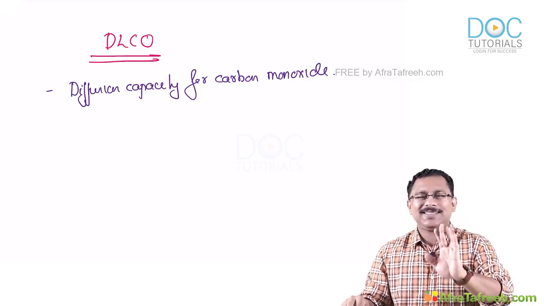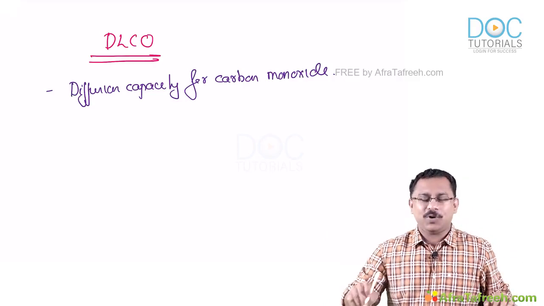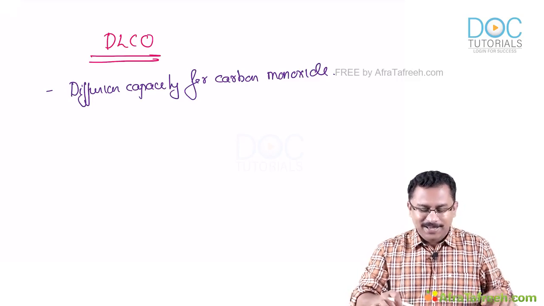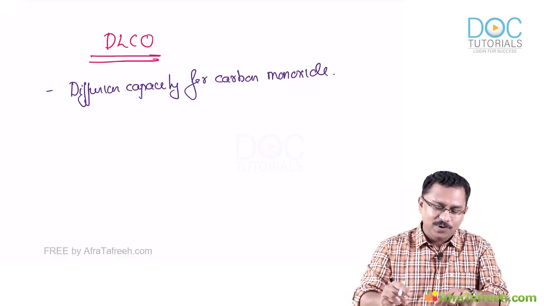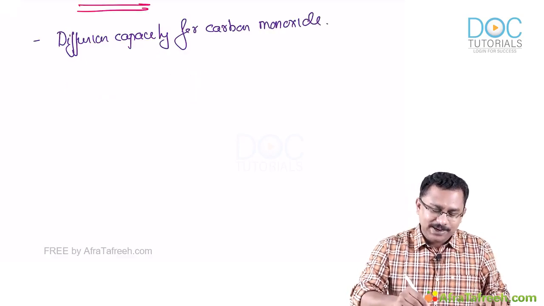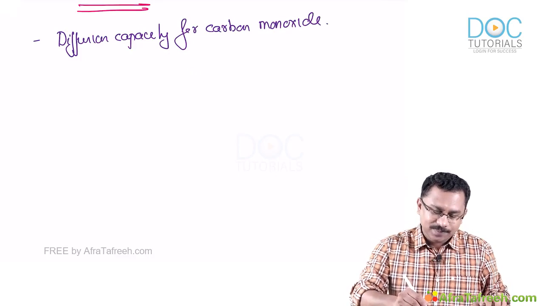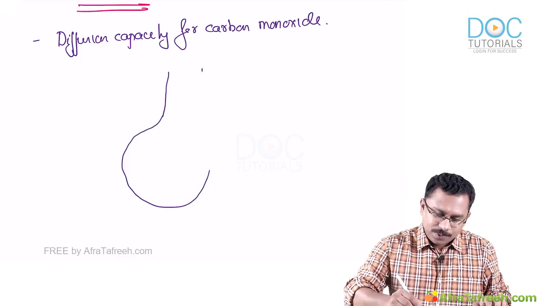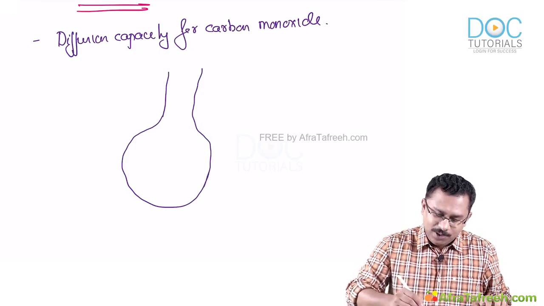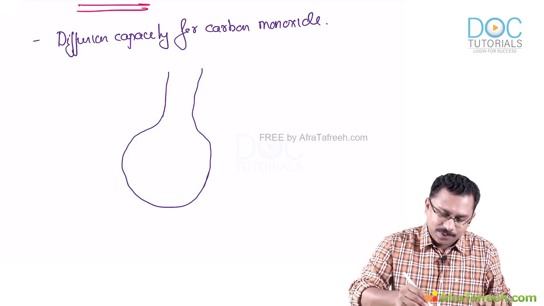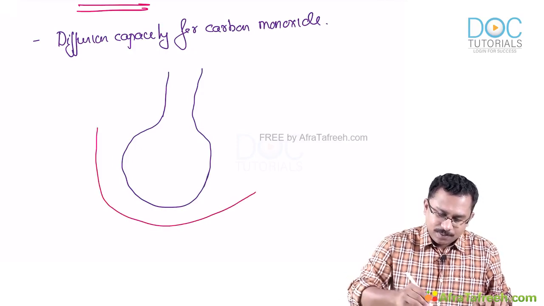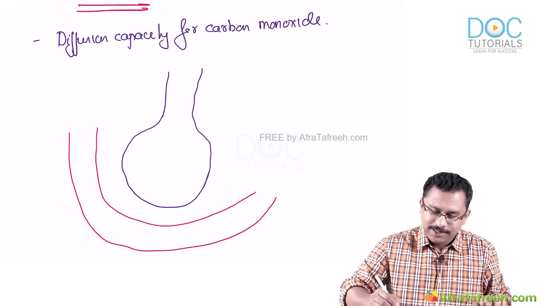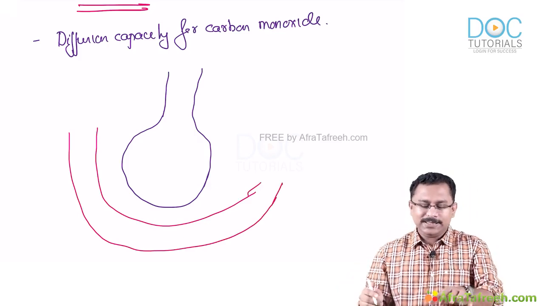So DLCO is nothing but the diffusion capacity of carbon monoxide, by which I mean, you have the alveoli here. I just have a diagrammatic representation. You have the alveoli here and you have the capillaries here, the arterial end, the capillary end, and the venous end.